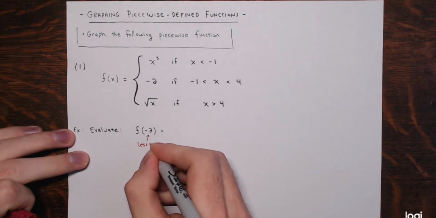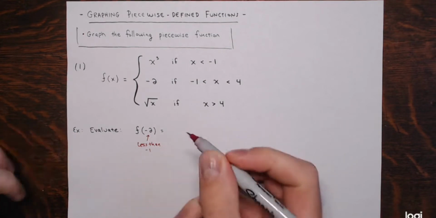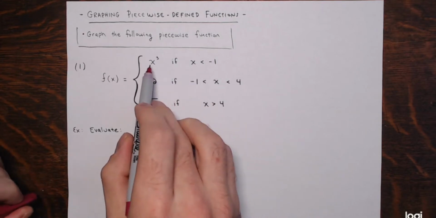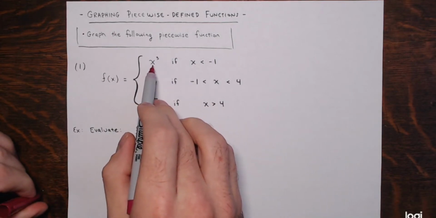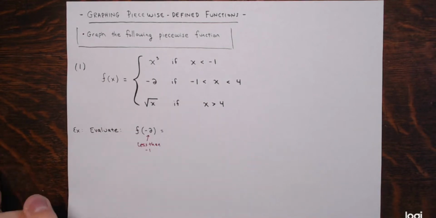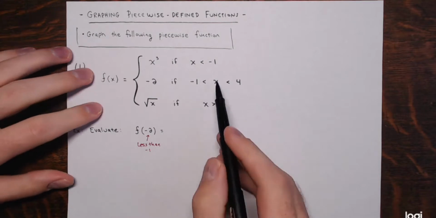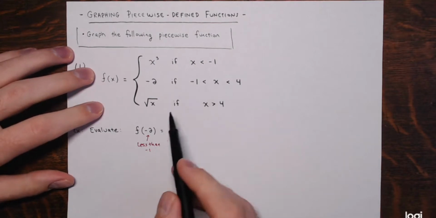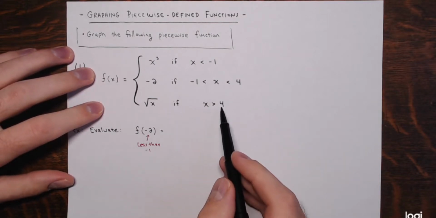Since this is less than -1, the way I calculate the output is this top rule, and I ignore the other two, because -2 is not between -1 and 4, and -2 is not greater than 4. It doesn't meet these conditions.